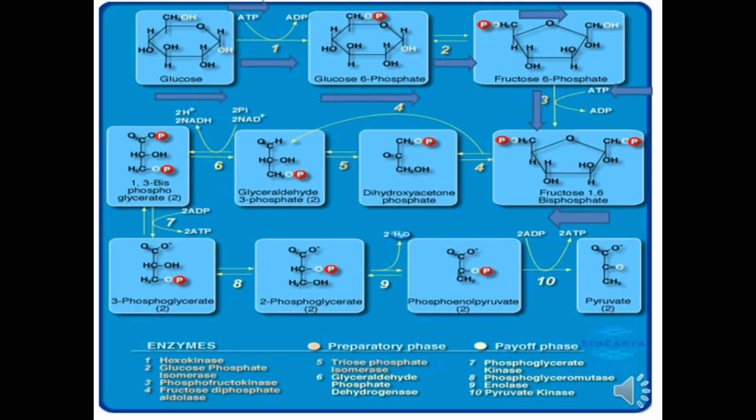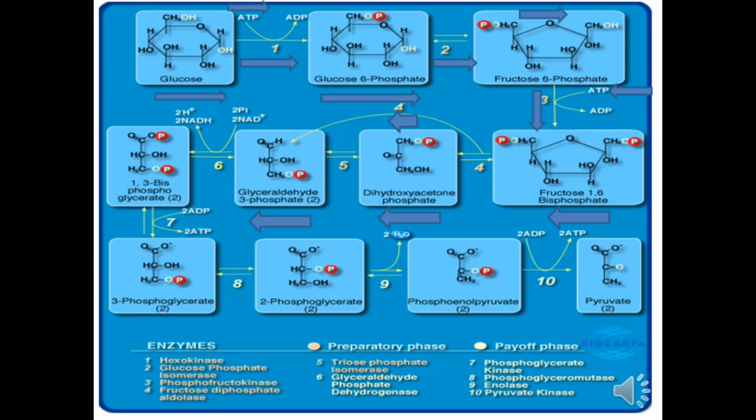In the second stage, fructose 1,6-bisphosphate undergoes cleavage into two trioses, glyceraldehyde 3-phosphate and dihydroxyacetone phosphate, by an enzyme known as fructose diphosphate aldolase. The aldolase splits fructose 1,6-bisphosphate into two trioses and can also combine the two trioses into fructose 1,6-bisphosphate.